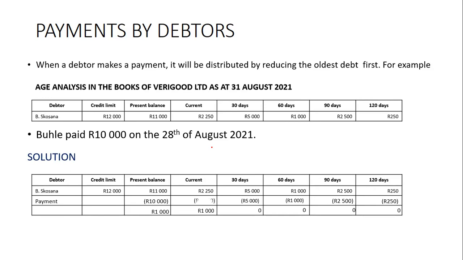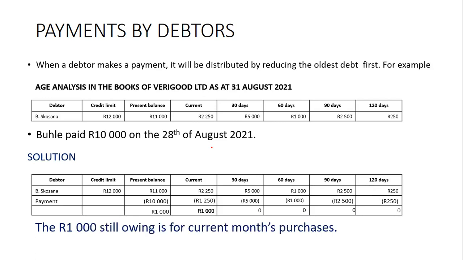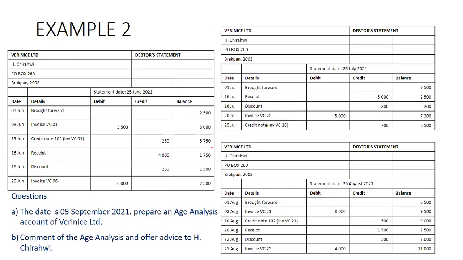So meaning that for the current debt, we're going to distribute 1,250 of the 10,000, which makes up the total 10,000. Please note that the payment was distributed to the oldest debt first before we distribute it to the current debt. The 1,000 still owing is for current month's purchase. Now let us look at this example here.